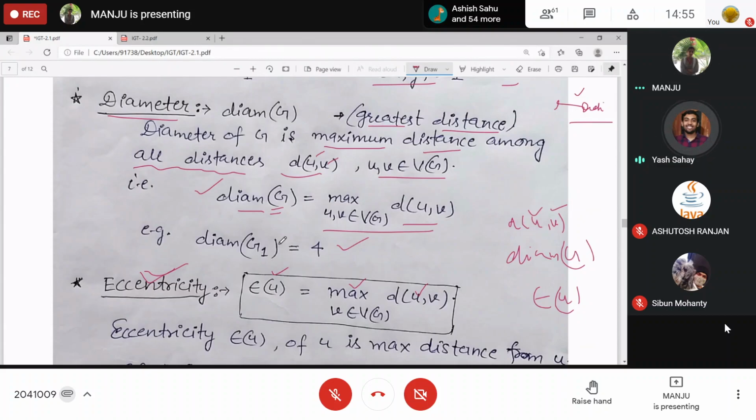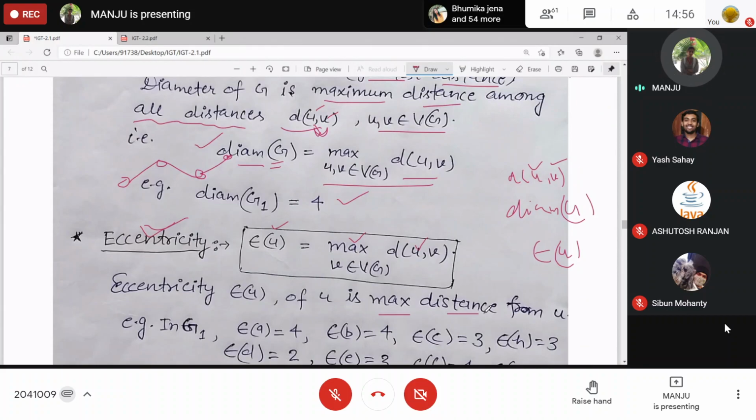Yes, ma'am, but diameter is the property of the graph, whereas eccentricity is the property of a vertex. So here only the largest distance from one vertex counts, right? But for diameter we run over both vertices, U and V. So eccentricity is the maximum distance from the vertex.